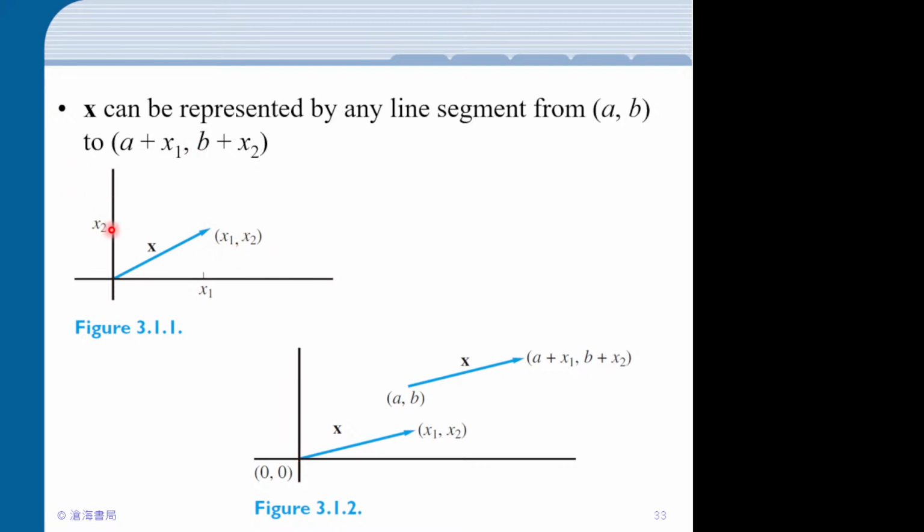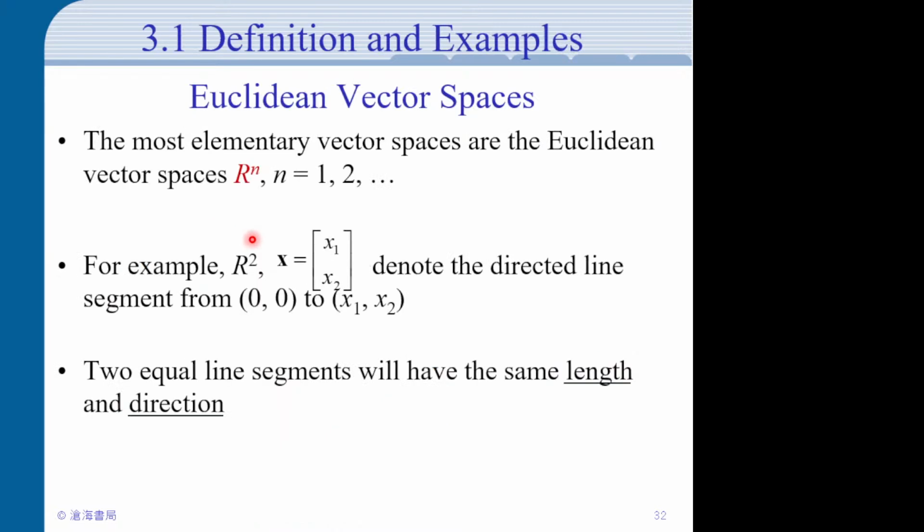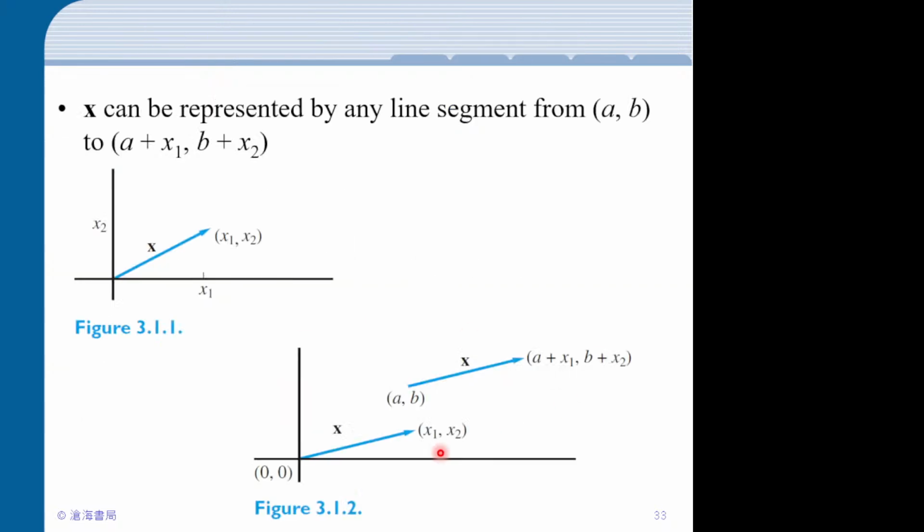Then we generalize to Rn, with column vectors of n elements, and we think of it as n-dimensional space. More than 3 dimensions is hard to draw, and again, hopefully you can kind of feel it. It's some kind of geometric interpretation. So that's Rn, the most basic vector space.